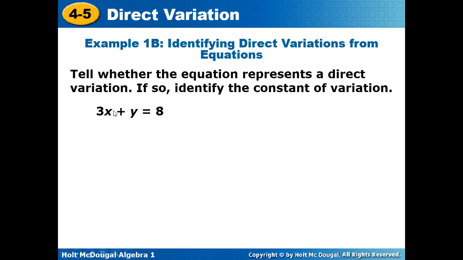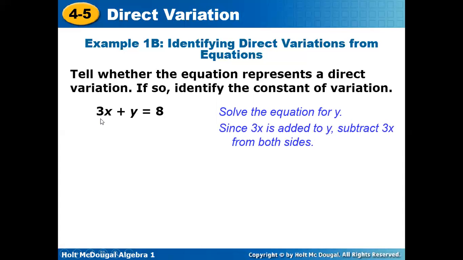The second one, we have 3x plus y equals 8. Step number 1, solve the equation for y, means try to make y alone. So I will subtract 3x from both sides, subtract 3x from the left, subtract 3x from the right.